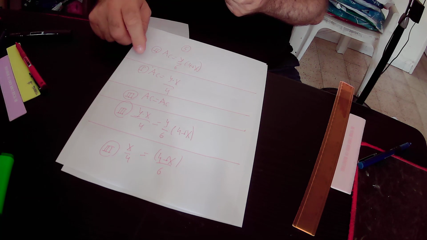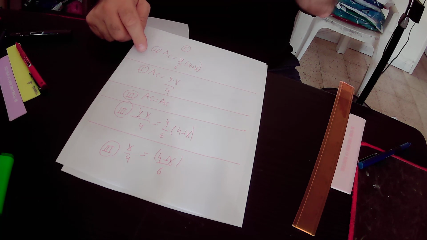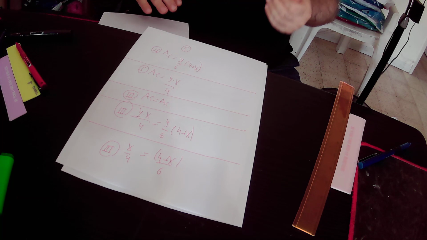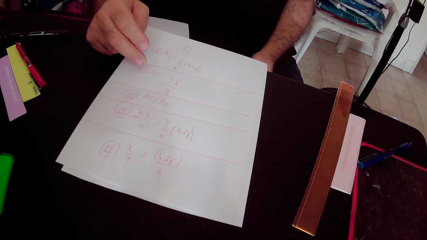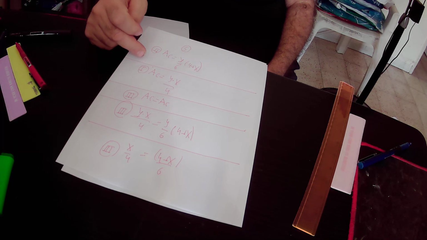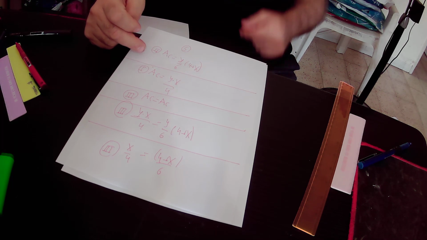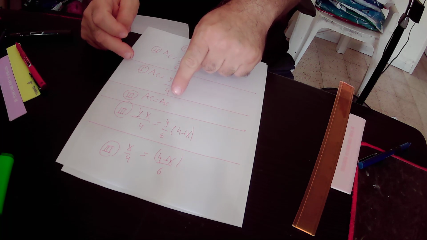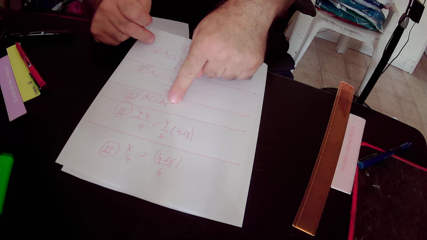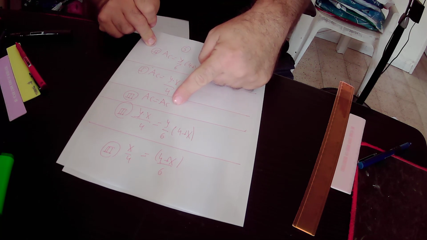But we have already found in equation number 1 that AC equals Y times X over 4. So we get equation number 3, that AC equals AC. We substituted AC on one side by the value from equation number 1, and on the other side by the value from equation number 2.